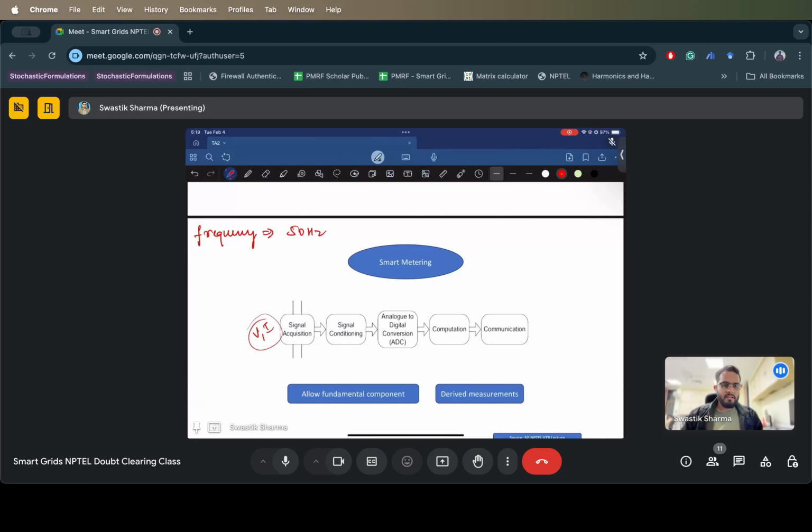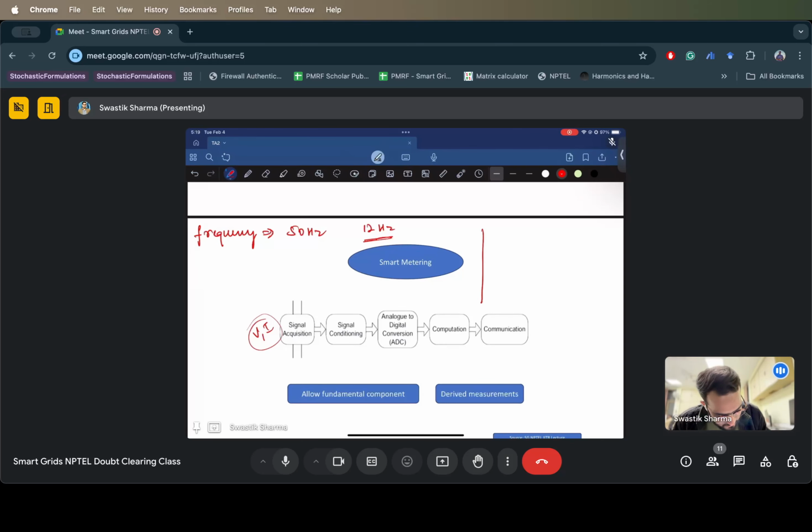So this is the fundamental component of the signal. It operates at 50 hertz, but let's say I somehow only acquire the data at 12 hertz. If I acquire data at 12 hertz, my signal would become very distorted.